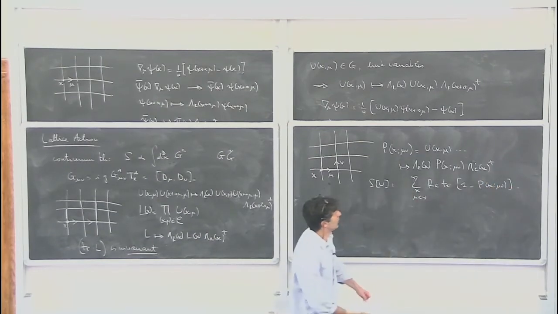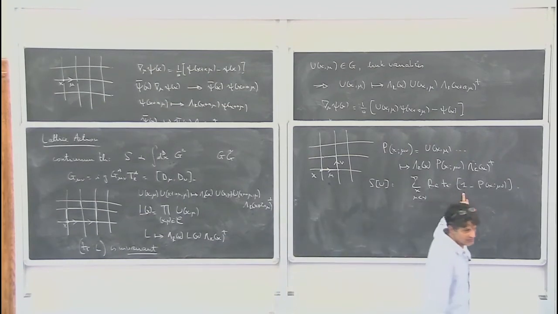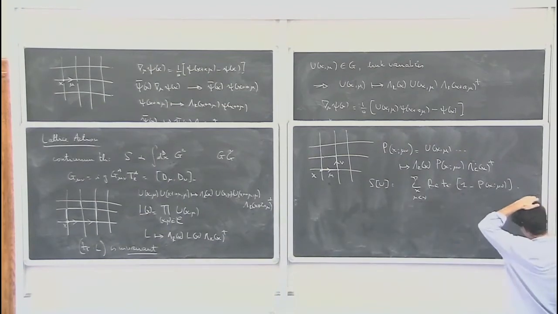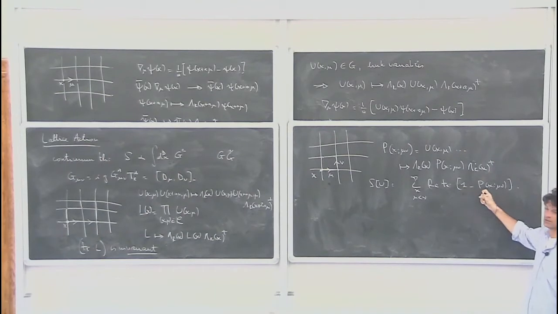The 1 in front is just a convention, in such a way that if the gauge field is 0, so if all links are equal to the identity, then the action vanishes.